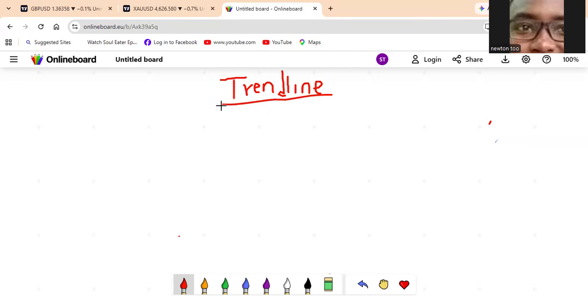As you know, the first thing you need to understand, guys, is how the market works. Normally the market will move impulse, correction, impulse, correction. So this is an uptrend market.